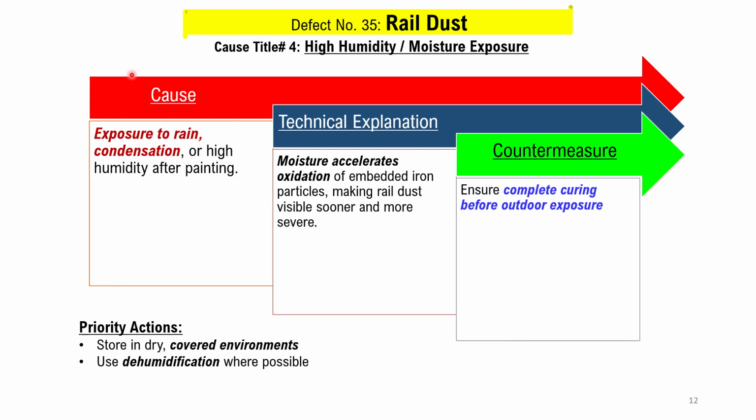Fourth probable cause could be high humidity and moisture exposure. Exposure to rain, condensation, or high humidity immediately after painting. Moisture accelerates oxidation of embedded iron particles, making rail dust visible sooner and more severe.